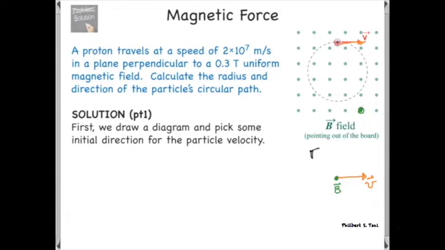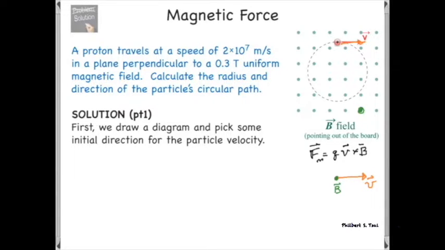We can then apply the force right-hand rule, because magnetic force is equal to qv cross B. We're going to take our fingers and point them along the velocity vector and try and push it into the magnetic field vector, which means we're going to have to rotate our right hand upside down so that our pinky end of our hand is kind of facing the top of the page.